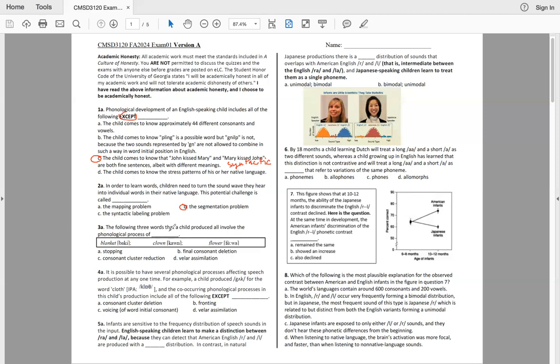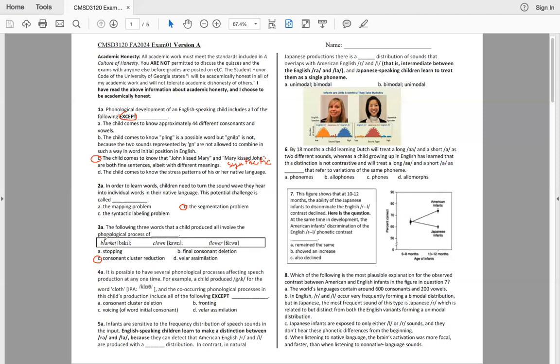Question 3. The following 3 words that a child produced all involve the phonological process of, the right answer is consonant cluster reduction, because in the first example, "blanket" is produced as "bucket."